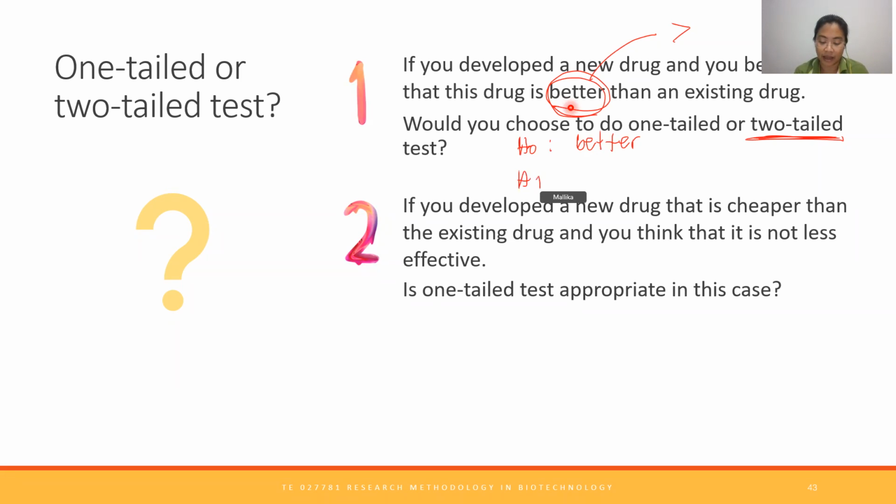The alternative hypothesis has two things: you think it's not better. You have to include that it is worse than the old drug as well, because if you do a one-tailed test, you might just say that it's not better or it is worse. That's the end of the story.